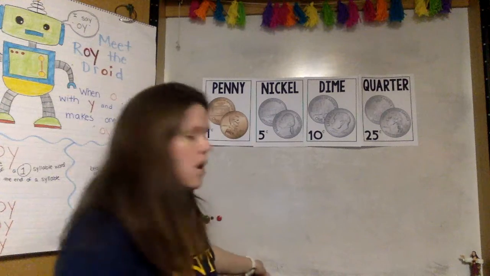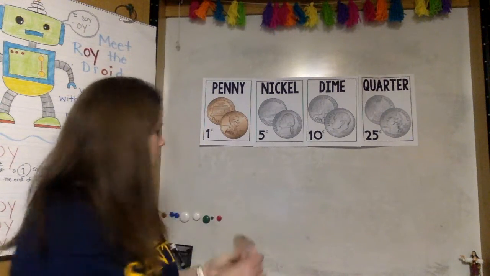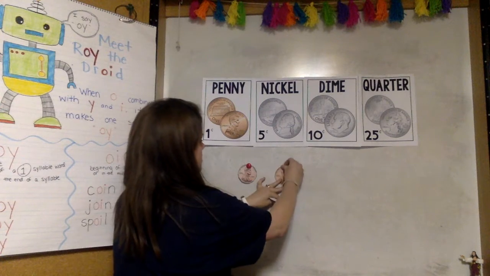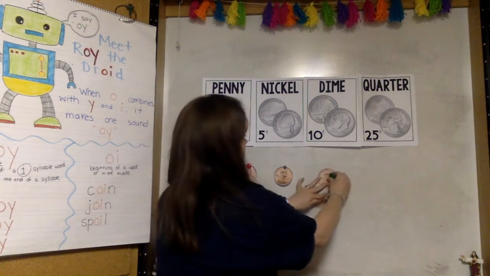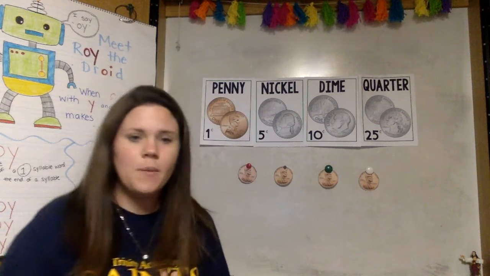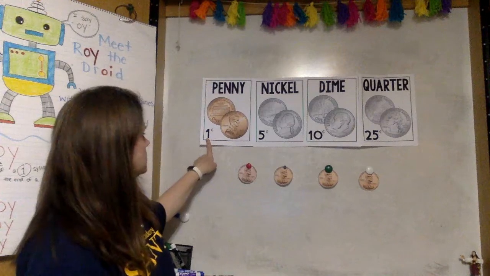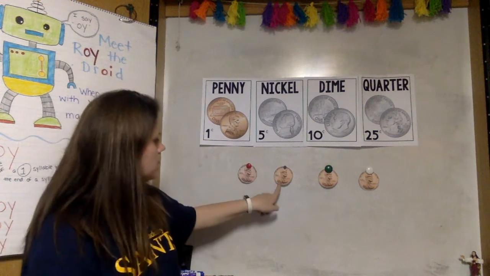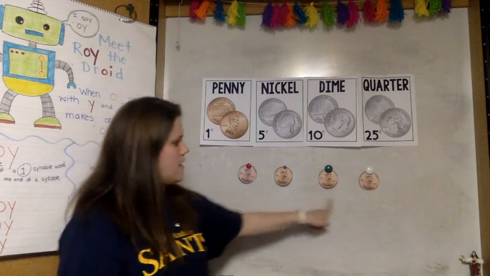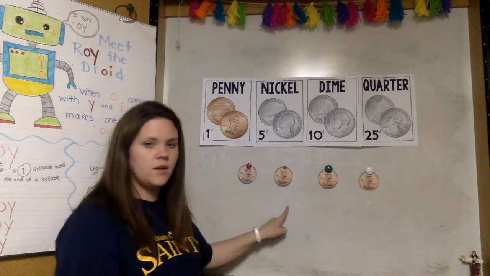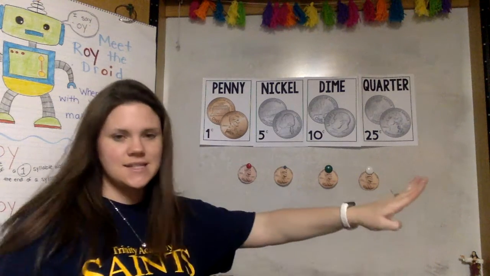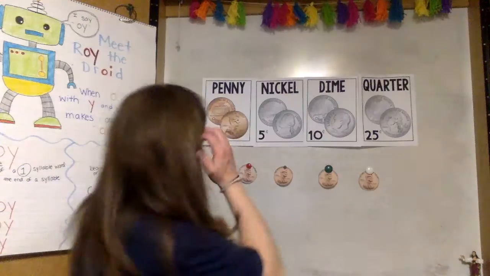When we've been doing our math equations for money, and I have 1 penny plus 2 pennies plus 3 pennies plus 4 pennies. How am I counting? I'm counting by ones, right? 1 plus 1 plus 1 plus 1. I'm counting by ones. How many cents do I have here? 4 cents. That's right. 4 pennies is the same value as 4 cents.